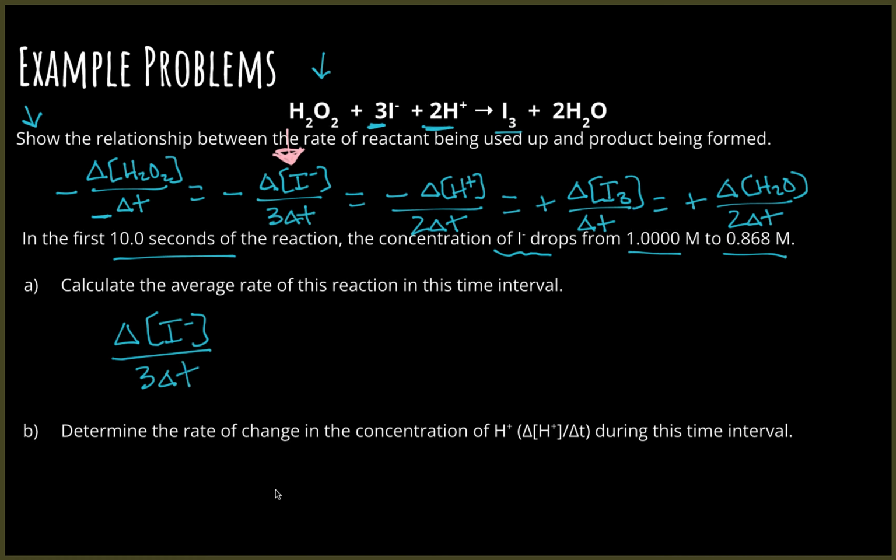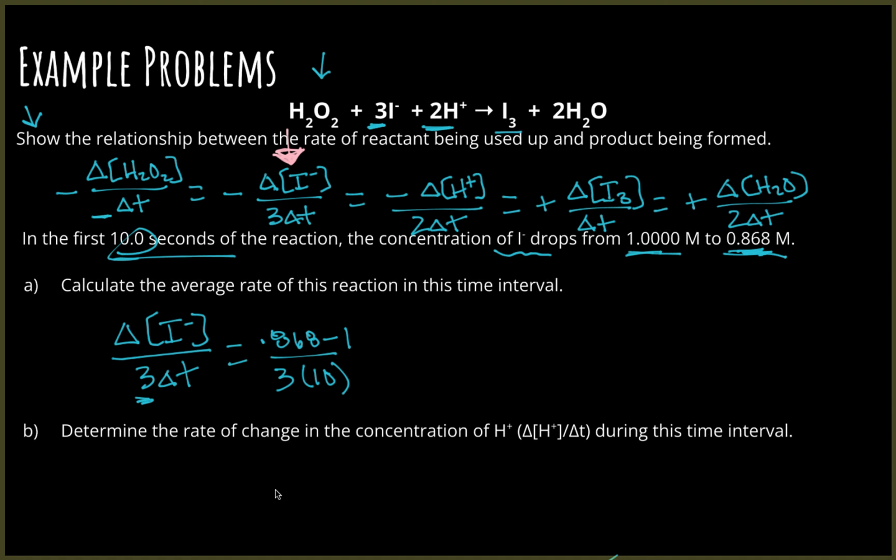It drops from 1 molar to 0.86. Again, final minus initial is that change. So 0.86 was the final, minus 1 was the initial, over, and I'm going to leave this coefficient in here because this is how I'm getting this rate for this particular problem, times change in time. The change in time, it told me, was 10 seconds.